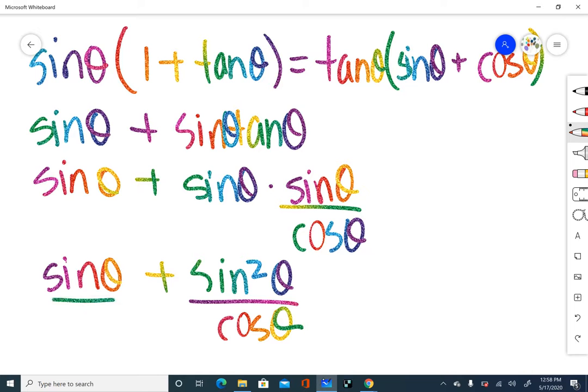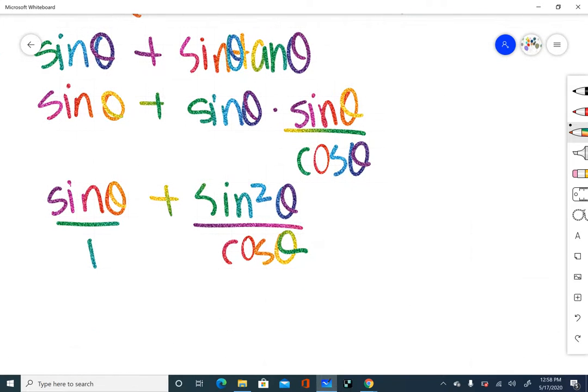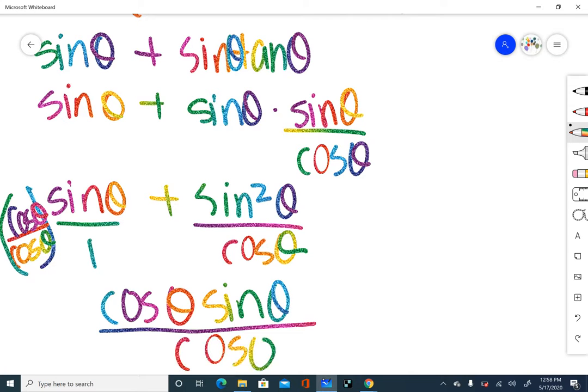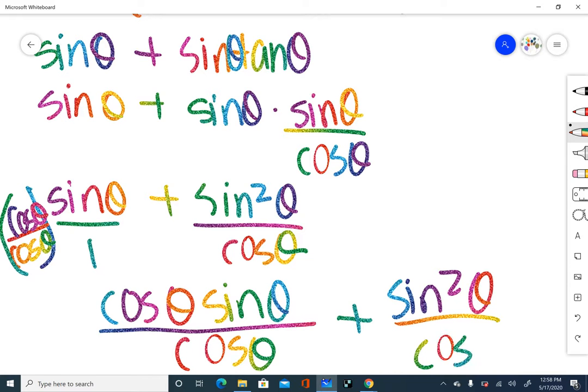Well, I know I need common denominators. So I'm going to multiply this by cosine theta over cosine theta. So I have cosine theta sine theta all over cosine theta, plus sine squared theta over cosine theta.